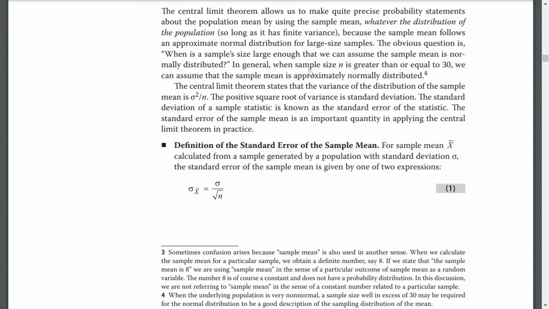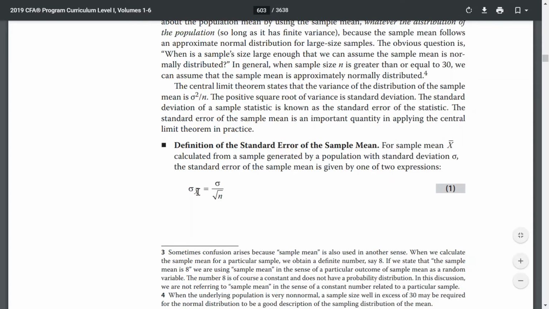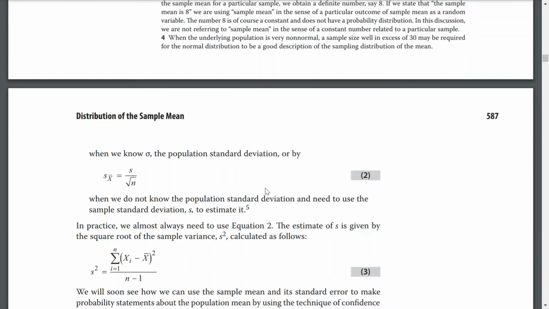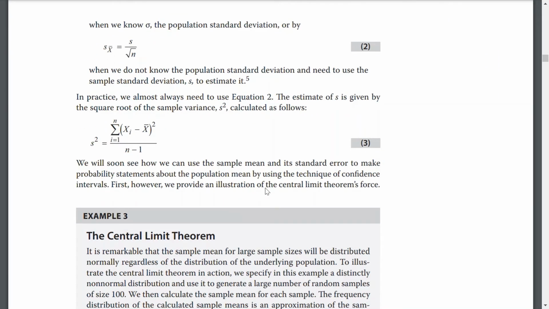For a sample mean x bar calculated from a sample generated by a population with standard deviation sigma, the standard error of the sample mean is given by one of two expressions. Equation 1: the standard deviation of x bar equals the population standard deviation sigma divided by the square root of n, the number of observations.